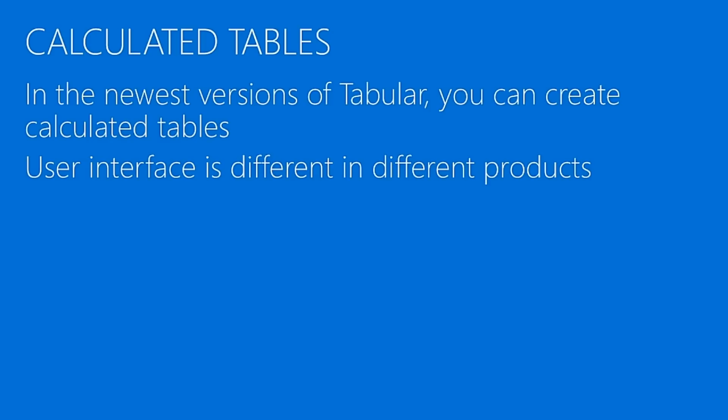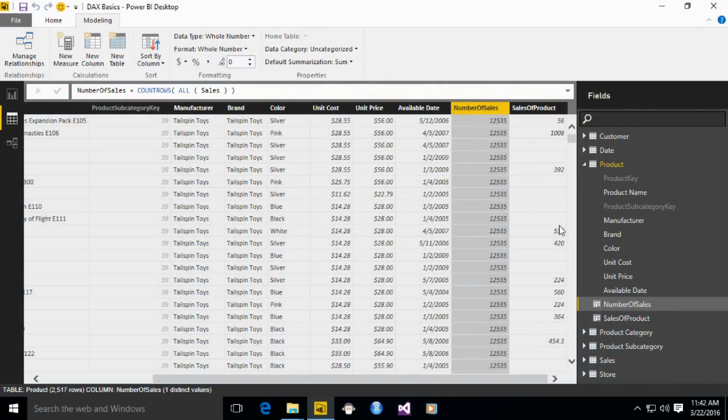So if we switch for a second to the demo machine, oh, you're right, sorry. I was looking there thinking that it was the wrong place. Now you see that we have a new measure, a new column, but we also have a new table.